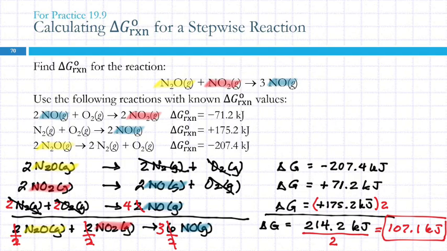Another thing is, you could do an experiment and actually do that reaction and try to measure the change in delta G. It's not as easy as doing it with delta H, but you could do it. But maybe you don't want to, or maybe it's actually not possible to measure it directly, right? So then what do you do? Well, Hess's law comes in handy because we can use other things that other people have already figured out, and we can just combine them to get the thing that we want, and then we can get the delta G for that.